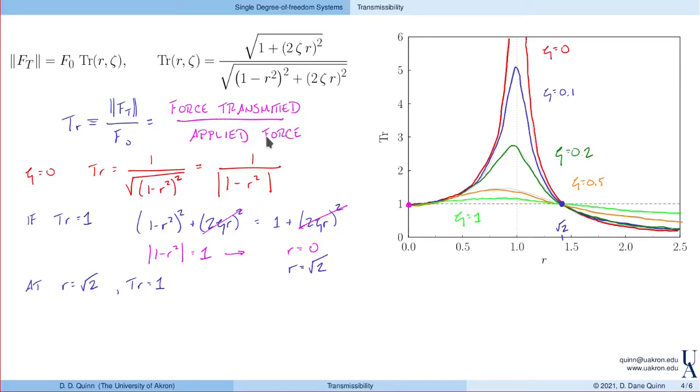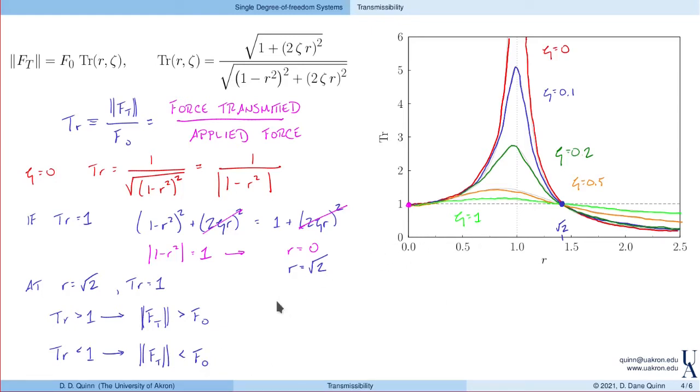However, if TR is greater than 1, that implies that Ft, the magnitude, is greater than F naught, the magnitude of the applied load. And if TR is less than 1, the force transmitted is less than the applied load.